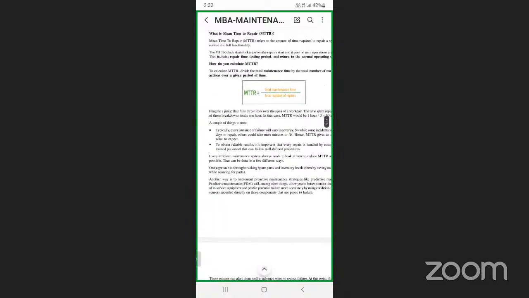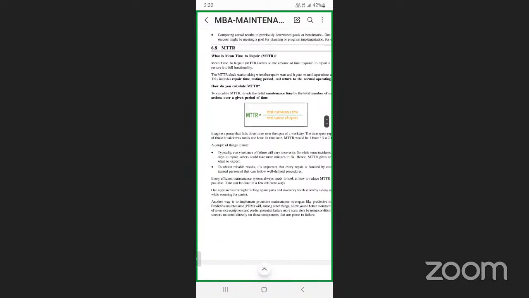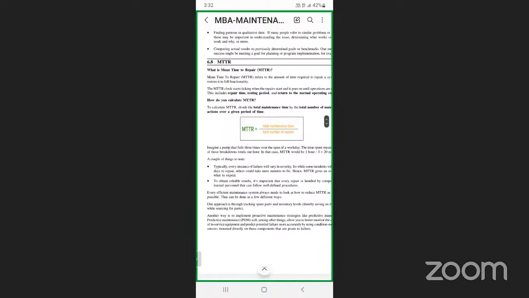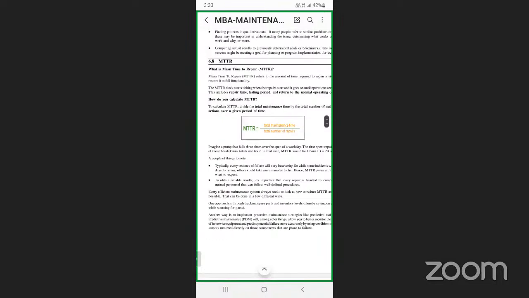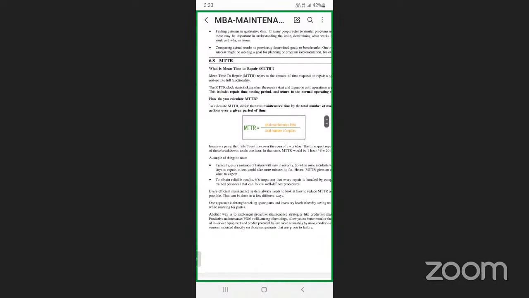Let us see the formula for MTTR. MTTR is equal to total maintenance time divided by total number of repairs. He has given an example of a pump which failed 3 times over a span of 1 day. The time spent repairing each of these breakdowns totals 1 hour. Together it has taken 1 hour; maybe once it was 10 minutes, and once 40 minutes. It can be different.